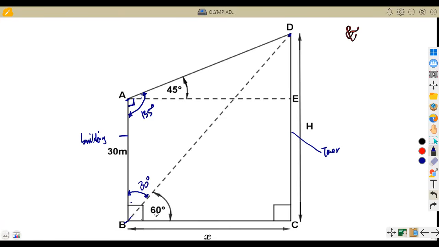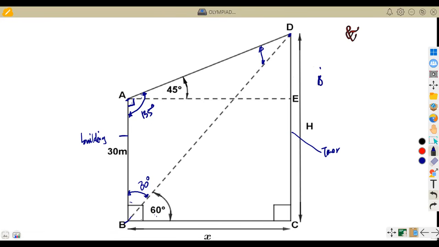Now we can apply the angle sum of the triangle to calculate the angle at D. Remember, we are working with triangle ABD. To calculate the angle at D, we simply subtract these two angles from 180. Why? This is a triangle, guys, and angles in a triangle add up to 180 degrees.